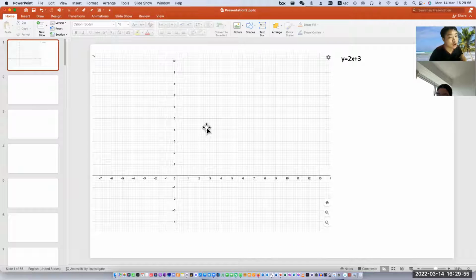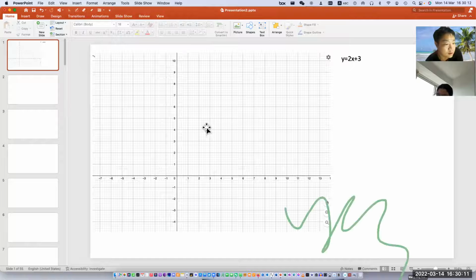So if you join all the points up, then you get the line out. No points, how to draw a line? You can't. Does it make sense?